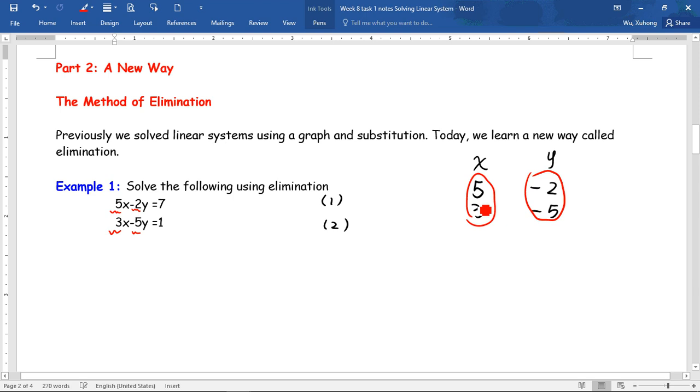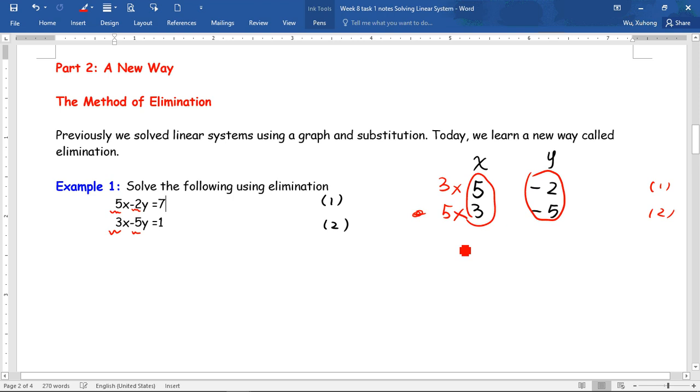So we want to get rid of the x value. We want these two numbers to be same by times a number to each of them. So from this equation, this is equation 1, this is equation 2. From this one, if we times 3, we have 15. If I have 5, we have 15. Once we have 15, 15, we could subtract 15x minus 15x. Then you could get rid of one of the variables.